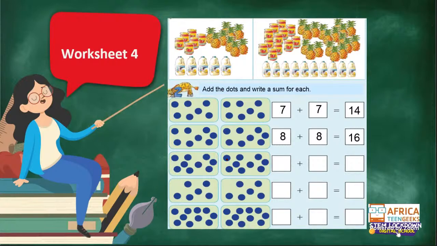Good. And then this one? 1, 2, 3, 4, 5, 6, 7, 8, 9. So we know that 9 and 9 equals? What's 9 plus 9? Double up 9. 18. Well done. Thank you, Seema.